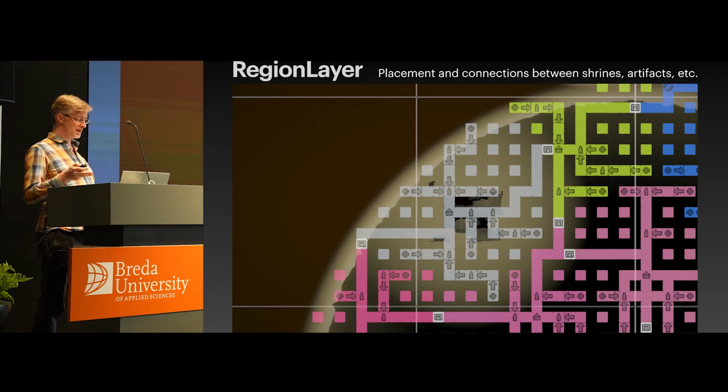You can see that this data is way bigger. So one cell in this layer corresponds to an entire maze chunk in the other one. And this layer keeps track of where there are shrines, which is a thing in this game, and where the artifacts you need to find are, where the central village is, where the gates to the other regions are. In this screenshot, each different color is a different region.